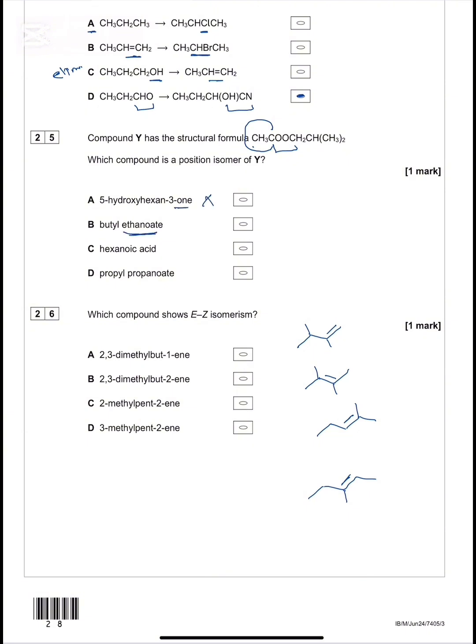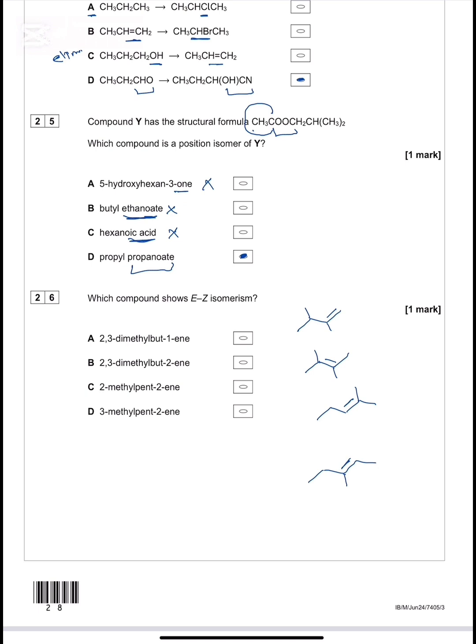Again, there is the same acid, so it's not position isomers. The hexanoic acid has a different functional group. Again, this is functional group isomer. And then we have propyl propanoate. This is a different carboxylic acid than the other one, and it's still an ester functional group, so this is the correct one.